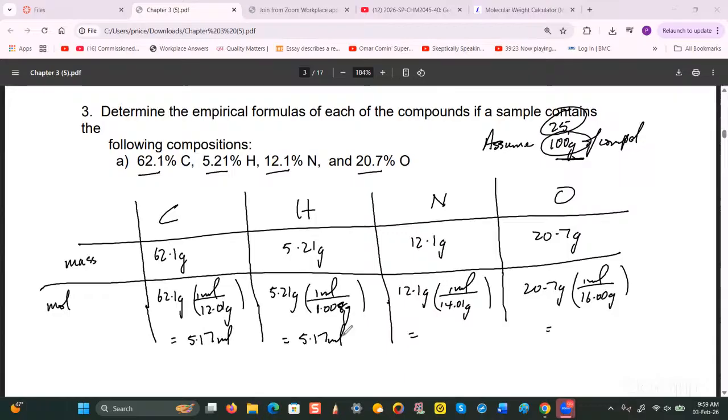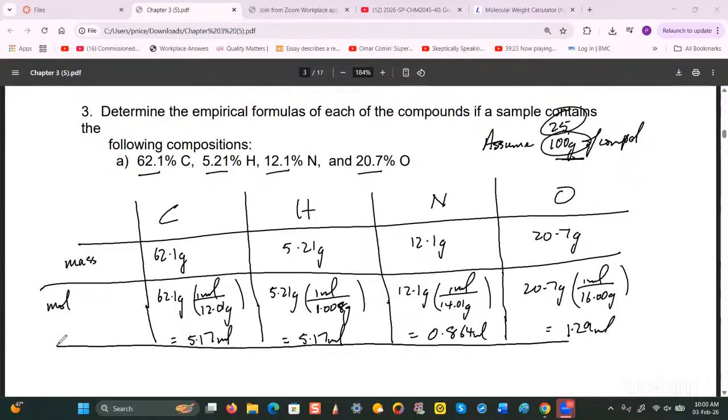And then in the case of nitrogen, I'm going to take the 12.1 and divide it by 14.01, and I got 0.8... how many sig figs? 3 sig figs, so that's 0.864 moles. And then finally, in the case of oxygen, 20.7 divided by 16, and I got 1.29 moles, all right? So that's basically how you get the mole values. You divide each of the masses by their respective molar masses.